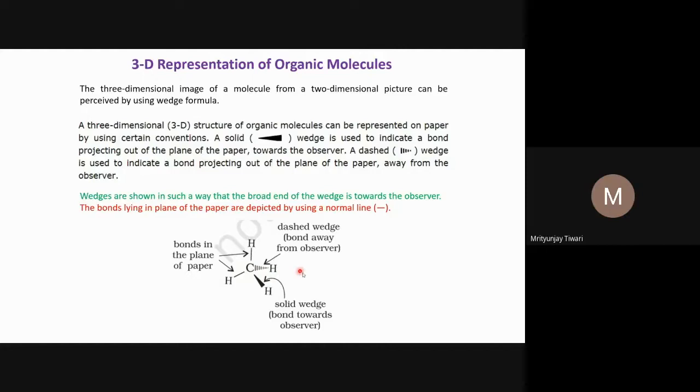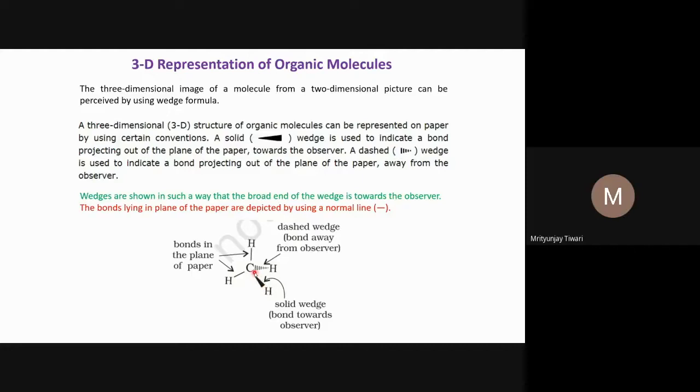Now there will be two more CH bonds. One CH bond will be protruding towards the observer, or towards the viewer, or towards the writer, and one will go away from the observer. These two bonds we show with wedges. The solid wedge we use for the bond which is towards the observer.